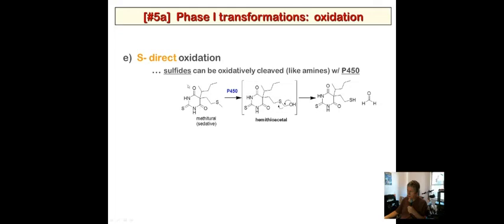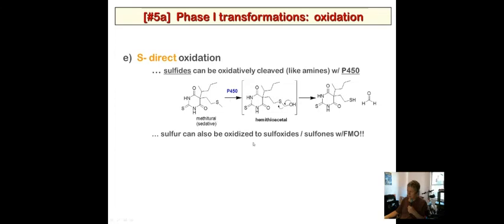It almost looks like a barbiturate, like thiopental or something like that. It's a barbiturate, and P450 could directly oxidize the CH3 group to make a hemithioacetal. And then the oxygen kicks off, and now you have the thiol. So this is the P450 deactivation of this molecule.